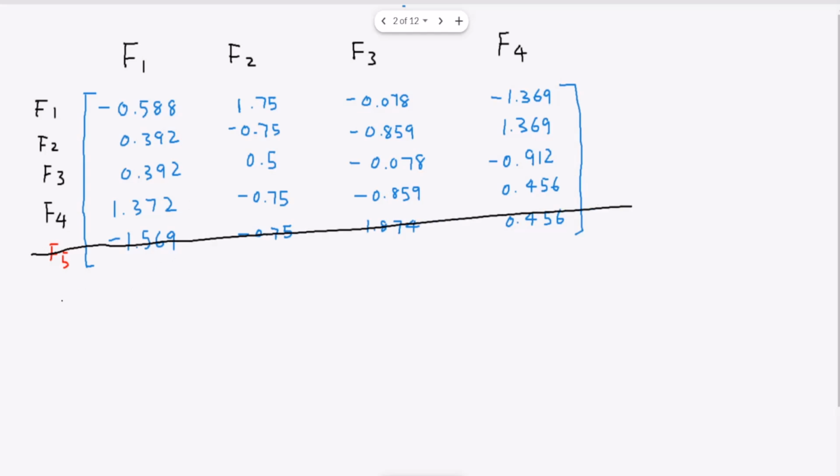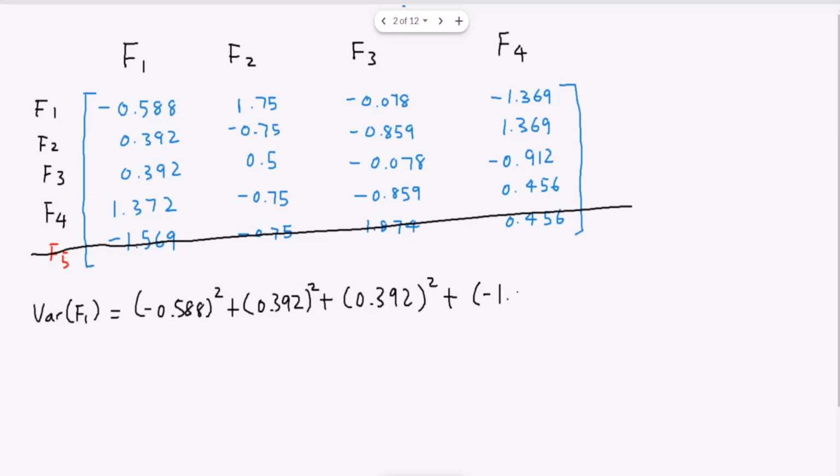So let's go ahead and calculate variance of f1. So variance of f1 is going to be 0.588 squared plus 0.392 squared, and then actually, let's not be lazy. There's only two more data points here. Oh, no, that's not a negative, that's a positive. 1.372 squared. And that is divided by 4.